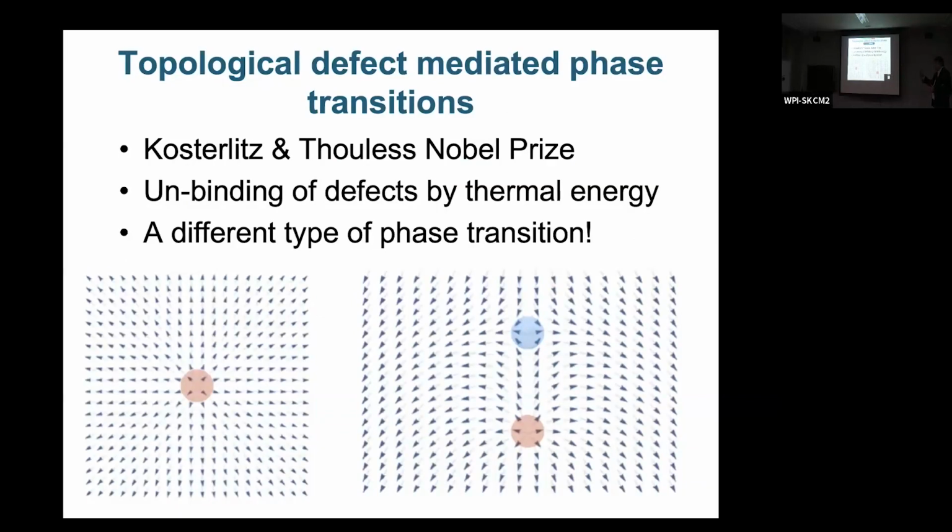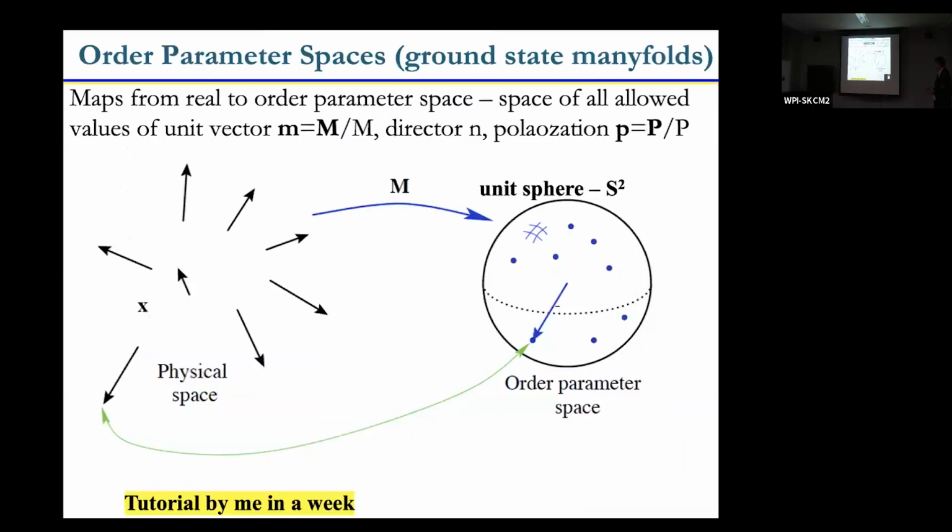And so this is one example of why topology can be of interest, because it can mediate phase transitions, it can enable new types of phases.